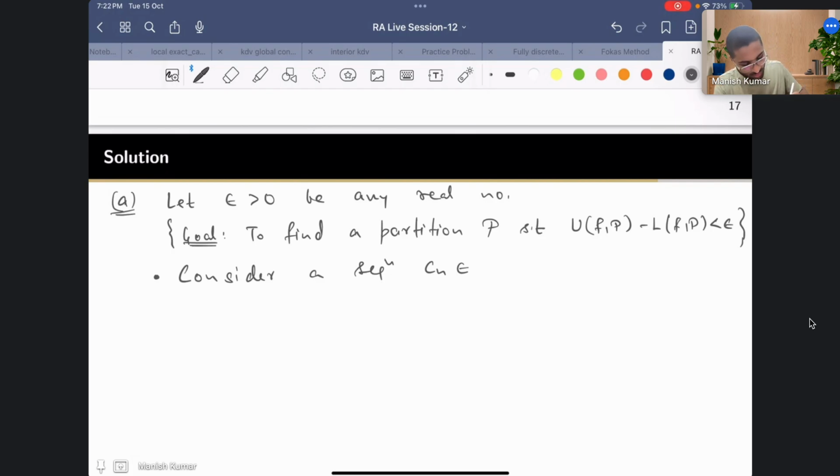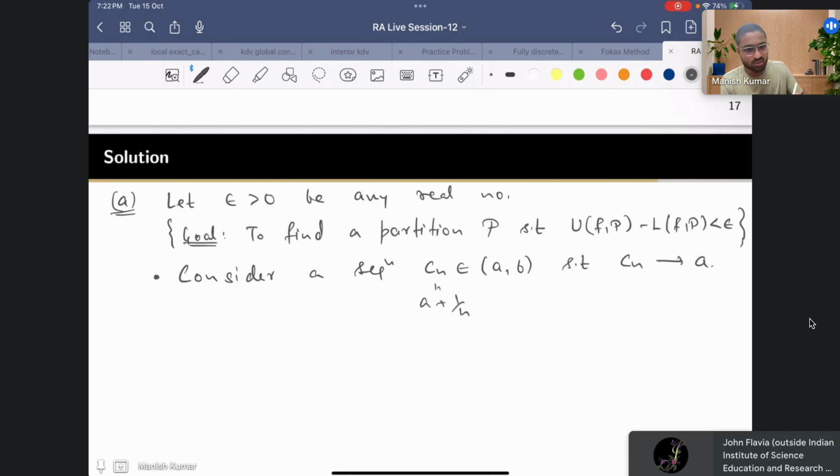So we'll choose a sequence Cn in (A, B) such that Cn converges to A. You can obviously choose such sequences, right? One particular sequence would be just A plus 1 by n. This sequence obviously converges to A. That is a very obvious sequence. So such a sequence exists, and I'm choosing one sequence.